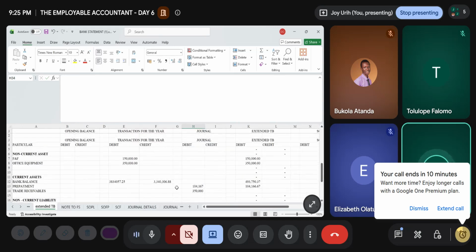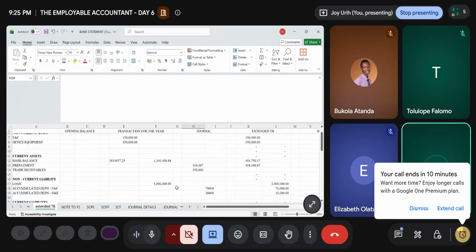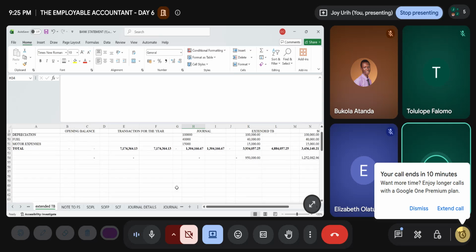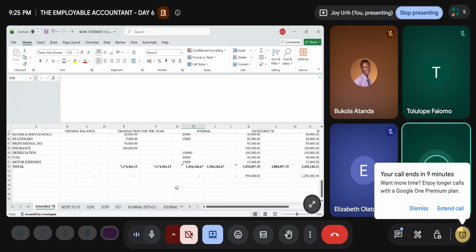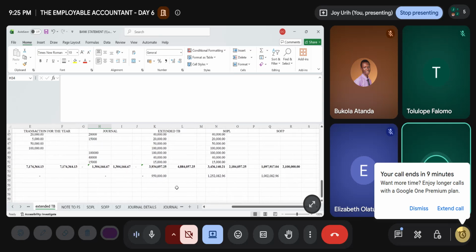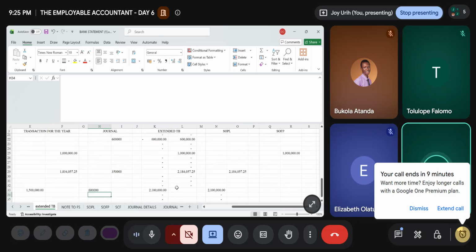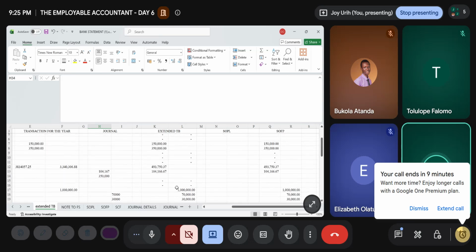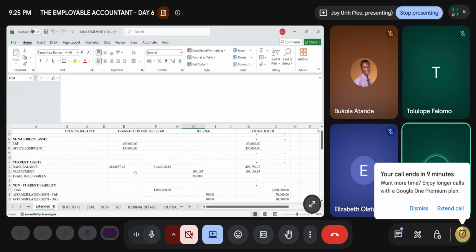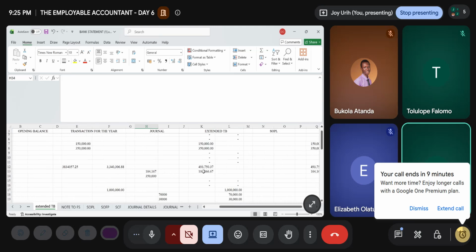So the next thing we want to check is, does our total agree, and if it doesn't, where is the problem coming from? Our extended TB is showing a difference. That means there's something that is not adding up. So we need to check. Our trade receivable is not appearing on our extended TB, so we'll drag down so it will appear there.